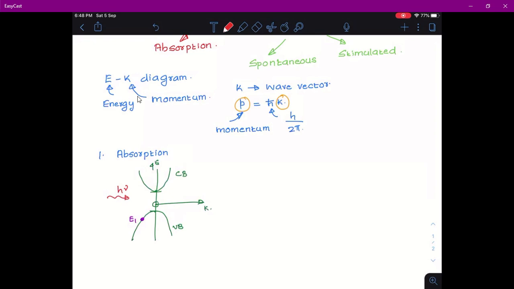Quanta means light will have some discrete energy levels, and each discrete energy level is called a quanta, which is defined as a photon. So here the energy of the photon is Planck's constant h times nu, where nu is the frequency and h is Planck's constant.